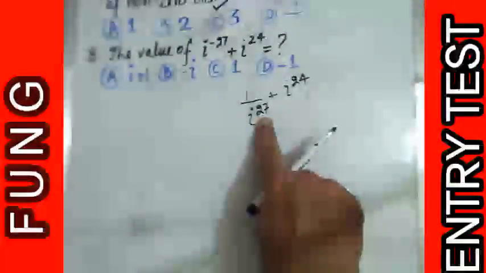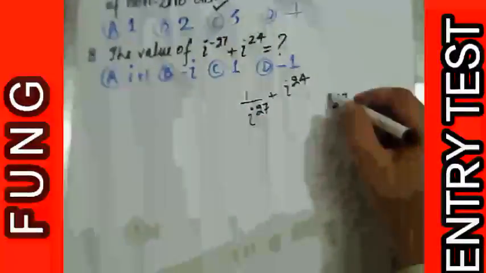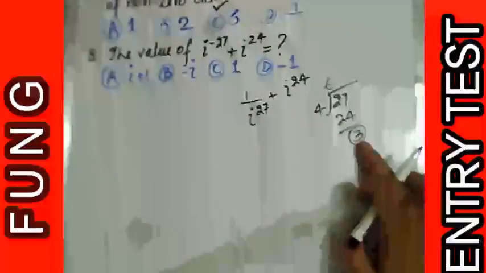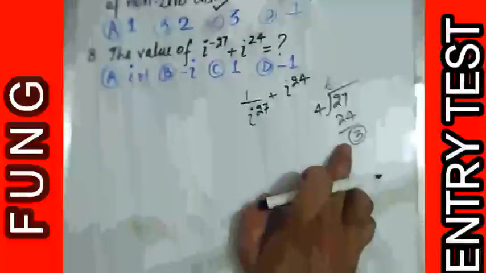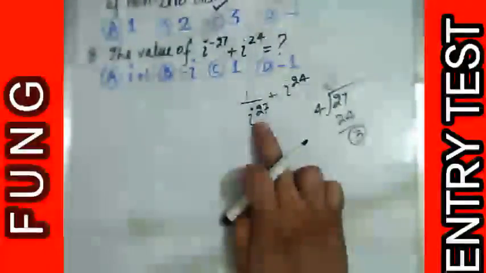It will be multiplied by 6 and it will be 24. 3 is the remainder. So the remainder is the power here; in place of 27 we can write 3.